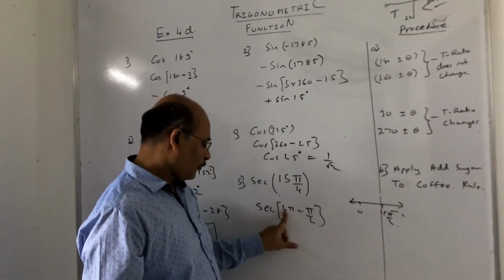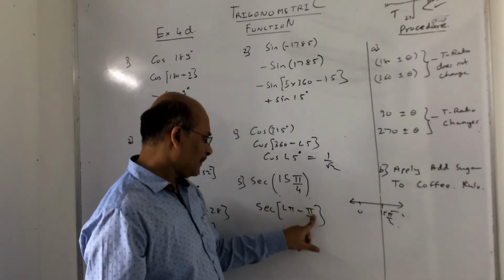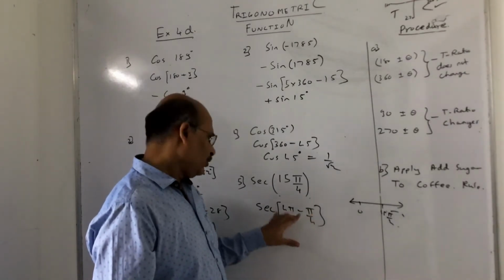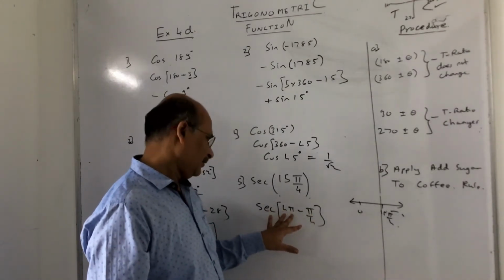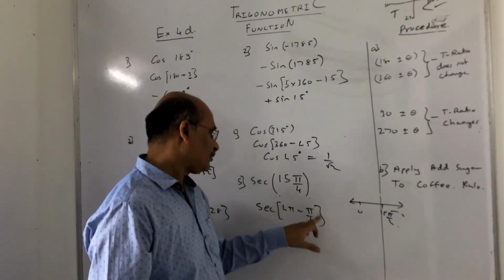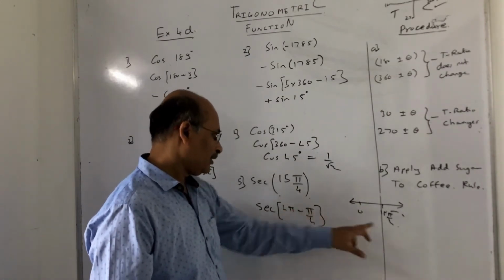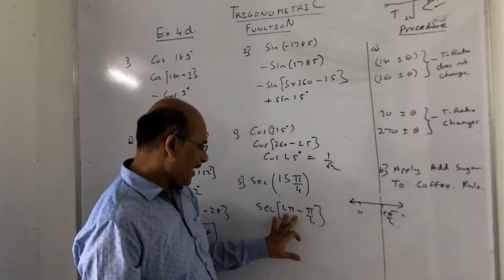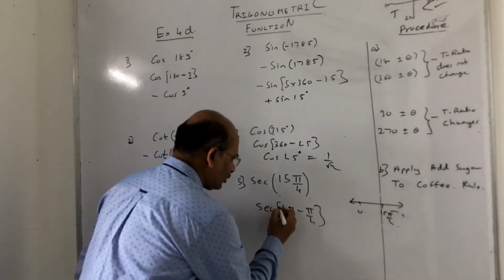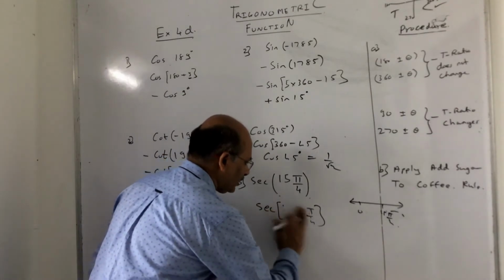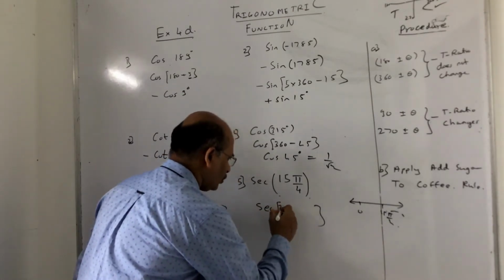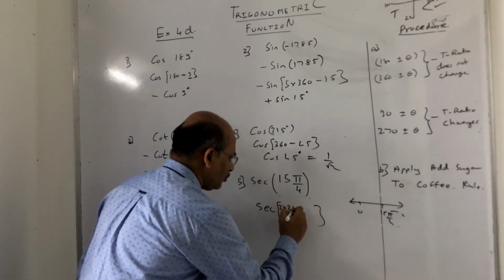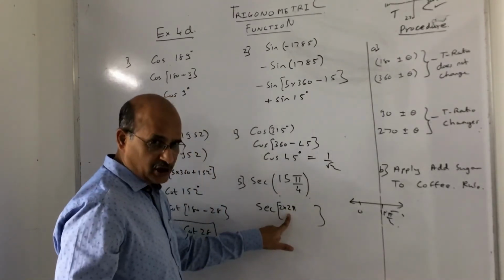See this, 4 fours are 16 pi. 16 pi minus pi is 15 pi upon 4. You can take 2 pi also, but it will not match, because 15 pi by 4 is more than 360 degrees. So with 4 pi, I did 2 into 2 pi. 2 pi is 360 degrees, correct or not?